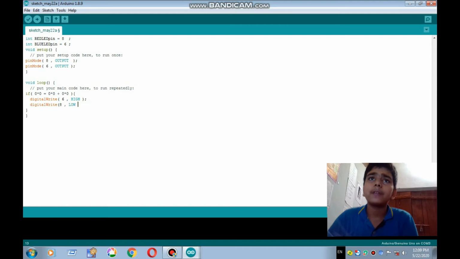And then after that we write else. It means that if they are not equal, then that function will work. The red LED will glow and the blue LED will be off.